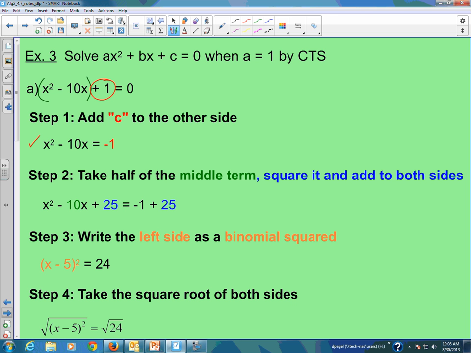And step 2 would involve us taking the x squared minus 10x, recognizing that I've got my b term right there is 10. I take half of that b term, and then I square it, and I add that value to both sides. So that's what happened. We took half of our 10, and we got 5, and we squared that, and that's what shows up on both sides of our equation.